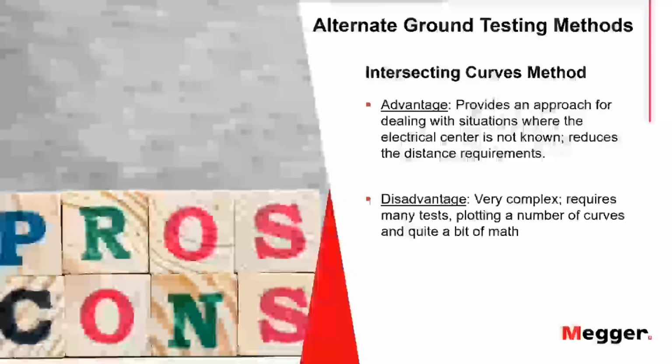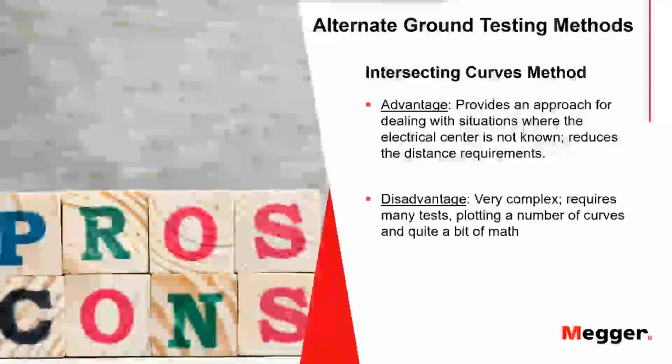So your advantage is that it's a way of dealing with very tight environs. The test procedure typically calls for using distances to your C probe. They can't be less than the long side of your grid, and they shouldn't be more than twice the long side of your grid.